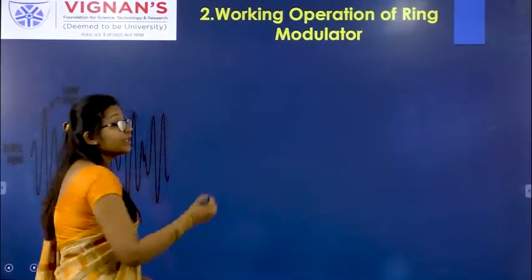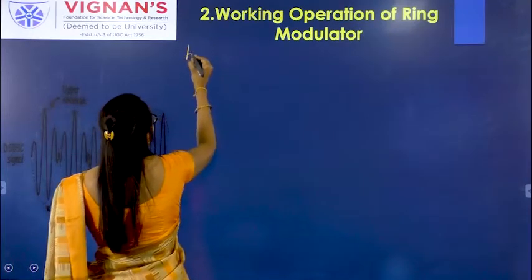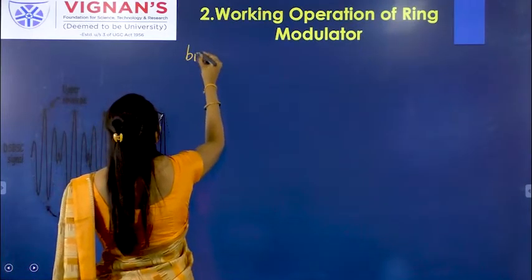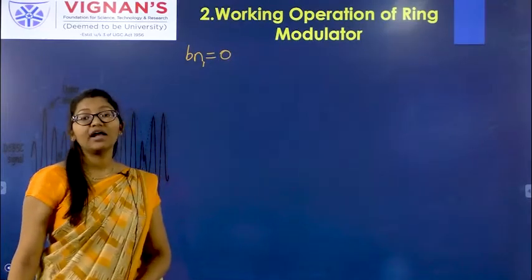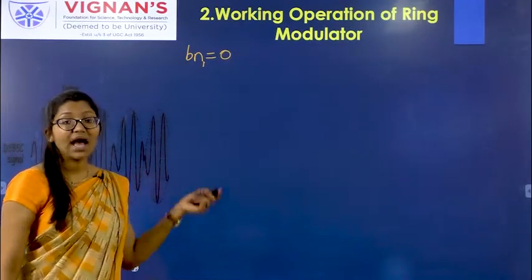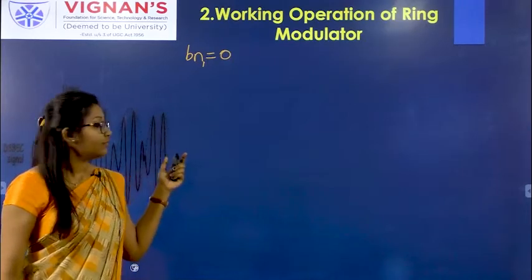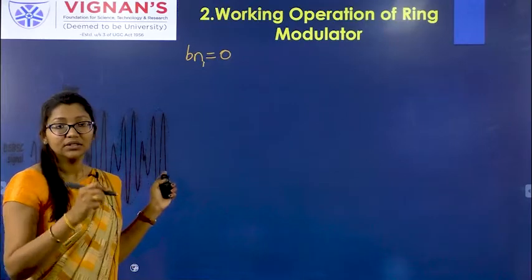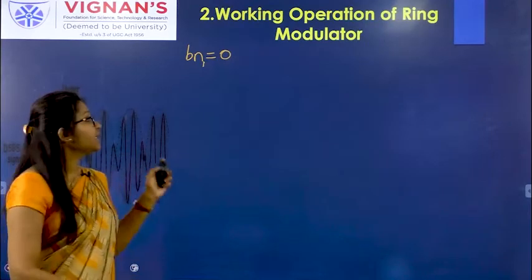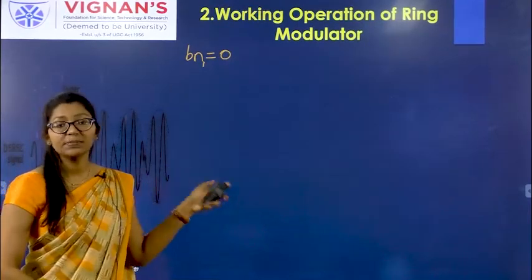So an value is 4 by n pi sin n pi by 2, whereas bn value will be 0. Why is bn value 0? Because if you see the waveform, that is a periodic waveform, it is symmetric.